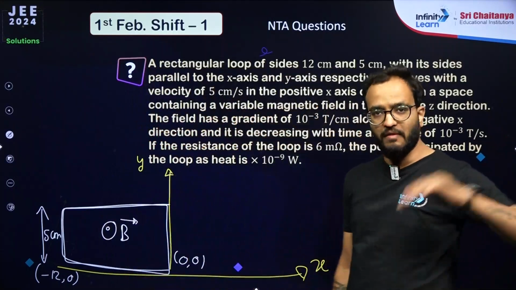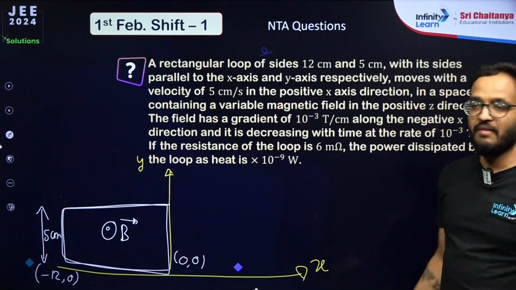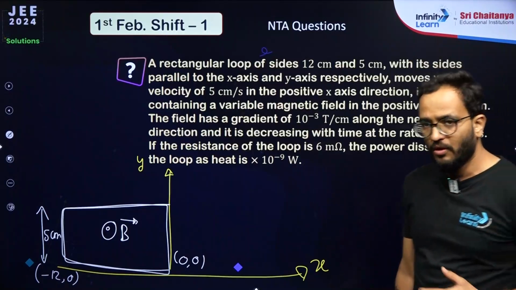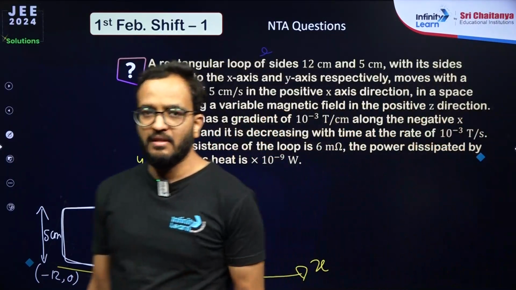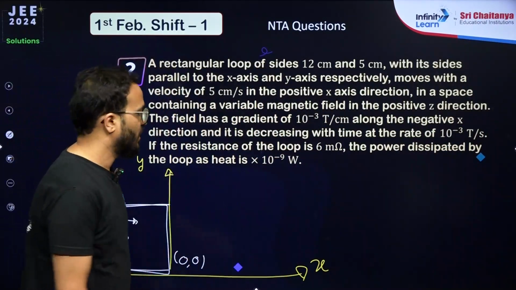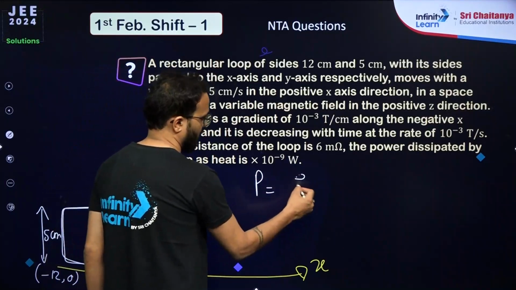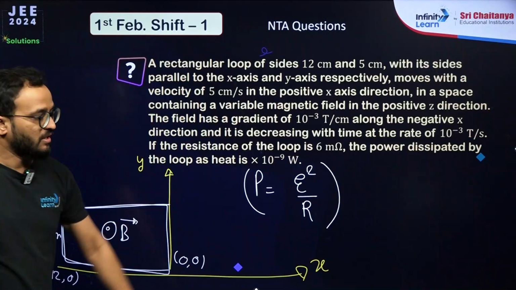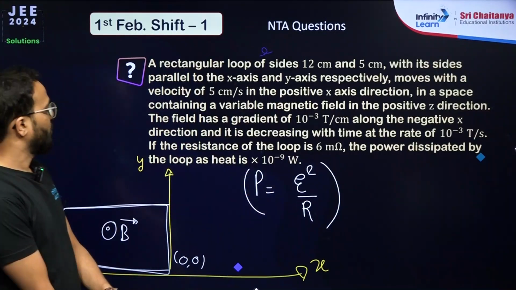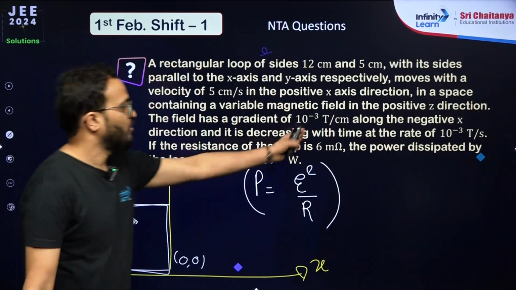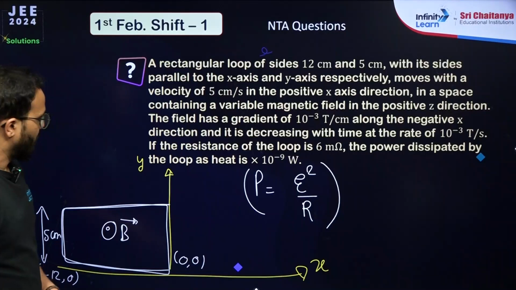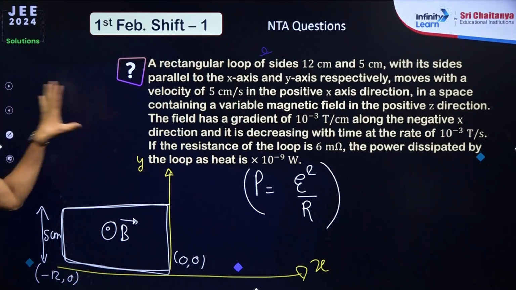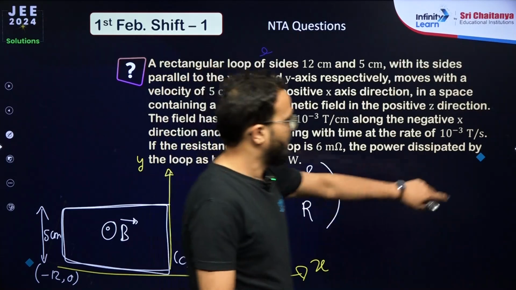We'll consider both factors, find the overall EMF induced in this rectangular coil, and once we know the overall EMF induced, then the power will be the overall induced EMF squared upon R, right? R is also given, a resistance of 6 milliohms, that's nothing. So the main information is how to find the EMF induced in this coil, given these conditions. Okay. So let's begin with it.